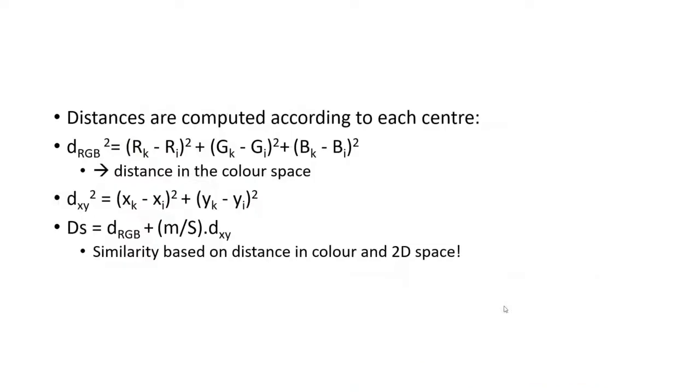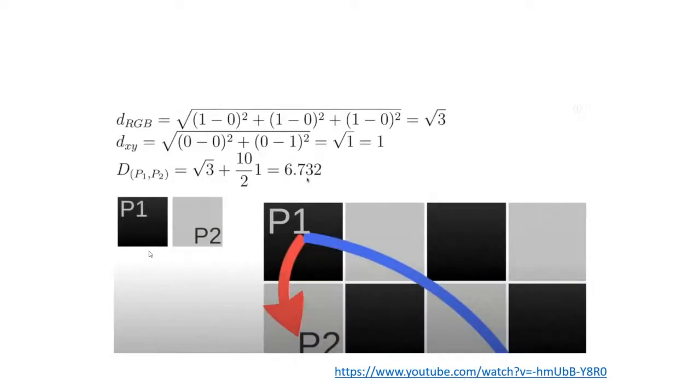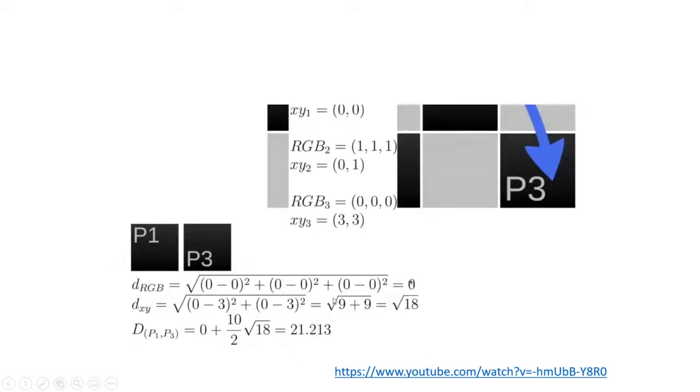But basically, it's a calculation of this distance, right? This is a weight you put on the distance dxy and dRGB. I'll get back to you about the M. And then basically, this is the distance from pixel P1 to the pixel P2. There's a value, and there's this value of the distance from P1 to P3.